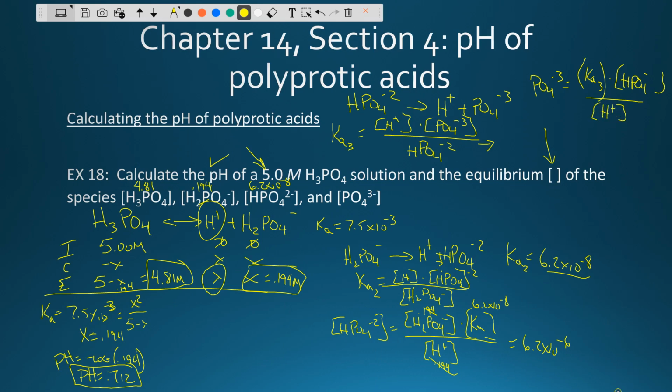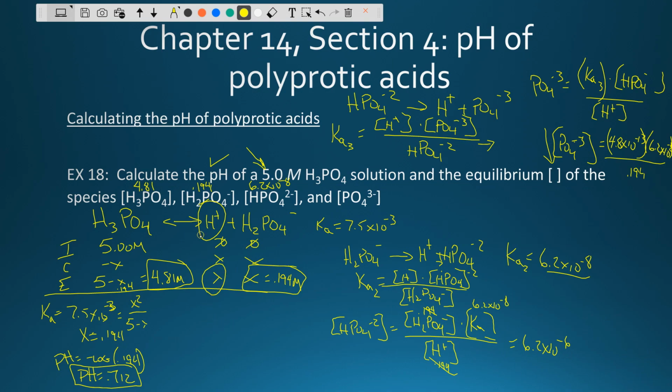So plug the values in. My PO4 3- concentration is going to equal 4.8 times 10 to the -13, which I looked up, and then I have my 6.2 times 10 to the -8, and I have my 0.194 again.